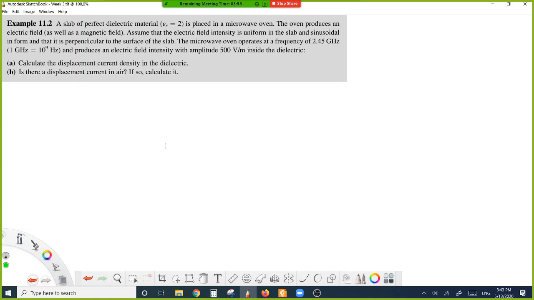The oven produces an electric field as well as a magnetic field. Assume that the electric field intensity is uniform in the slab and sinusoidal in form and that it is perpendicular to the surface of the slab.